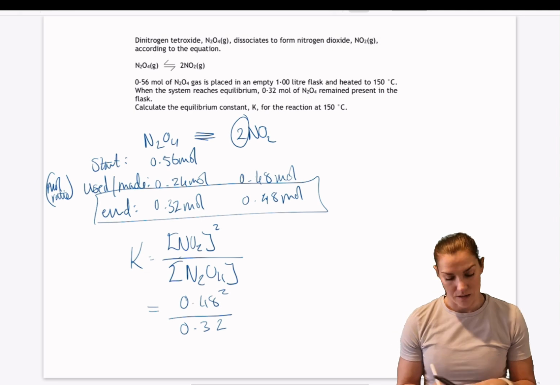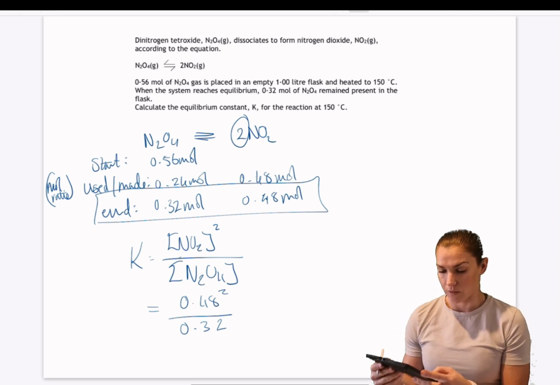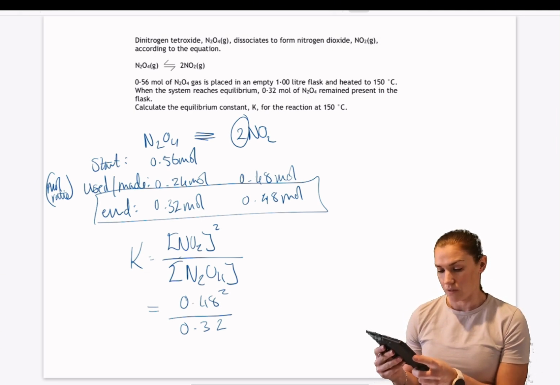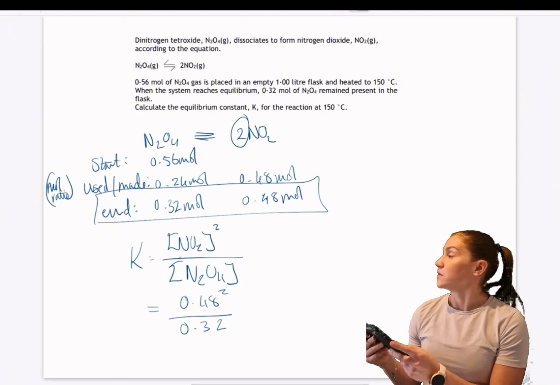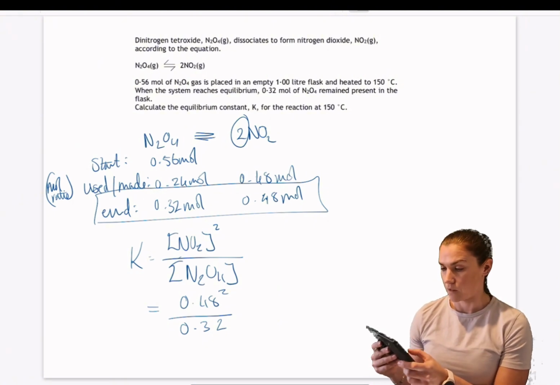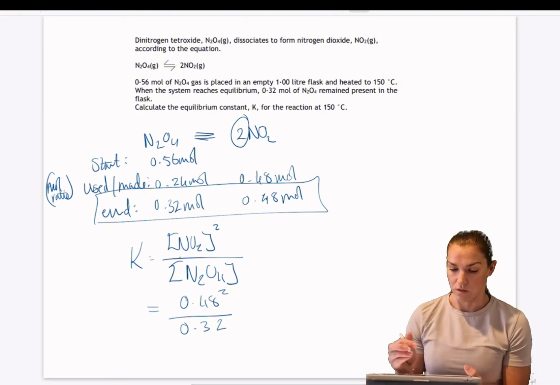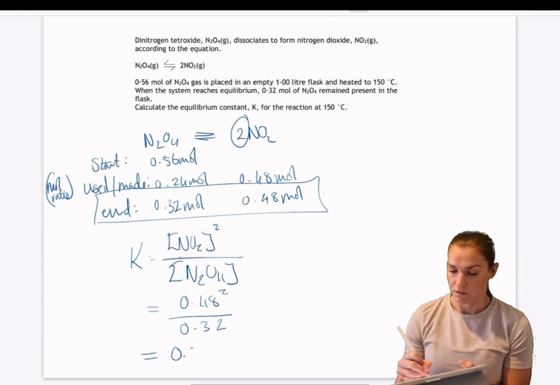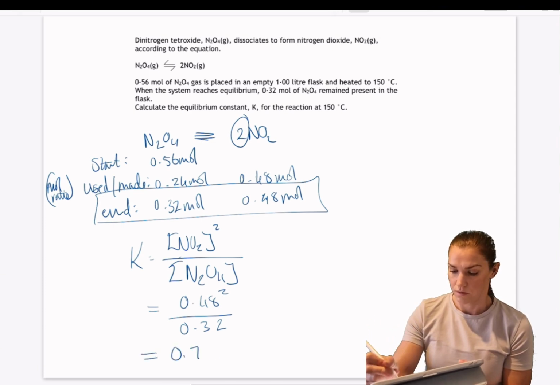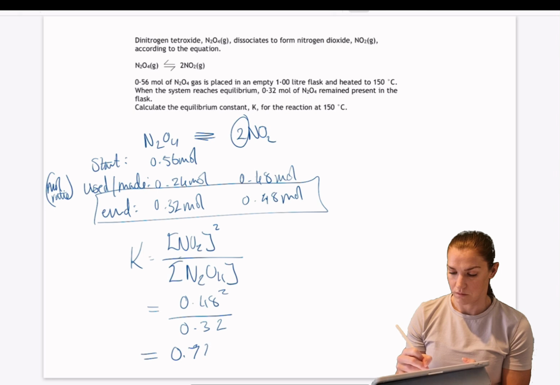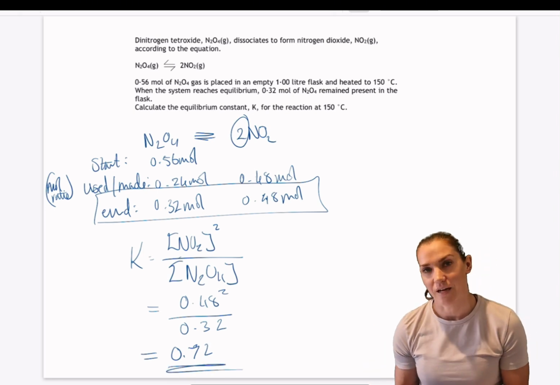And if we put that into our calculator, 0.48 squared divided by 0.32, we get 0.72. And again, there's no units. Okay, and that's that one.